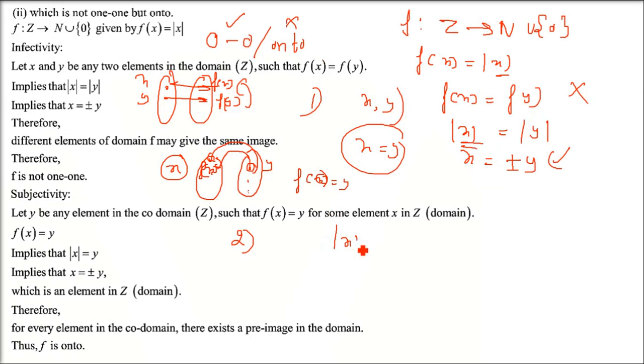So now we are using mod x equal to y, f(x) equal to y. And we will again take the cases. We know the absolute value mod x is positive x if x is greater than or equal to 0 and negative x if x is less than 0.